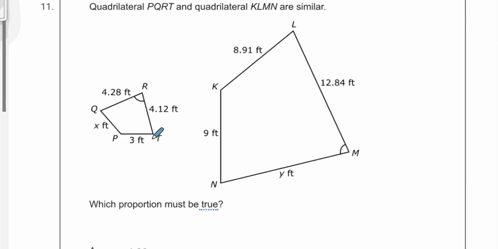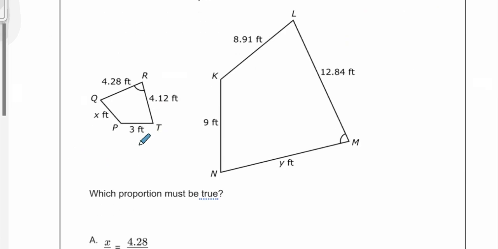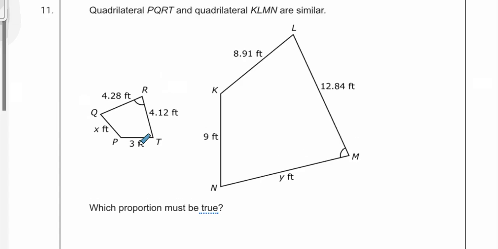Okay, last question. Which proportion must be true if these two figures are similar? I want to pay attention really carefully to this angle right here, because that's going to show me where my corresponding angles are. Things are kind of turned slightly on my shape, which makes things a little more difficult than they would be otherwise, okay?